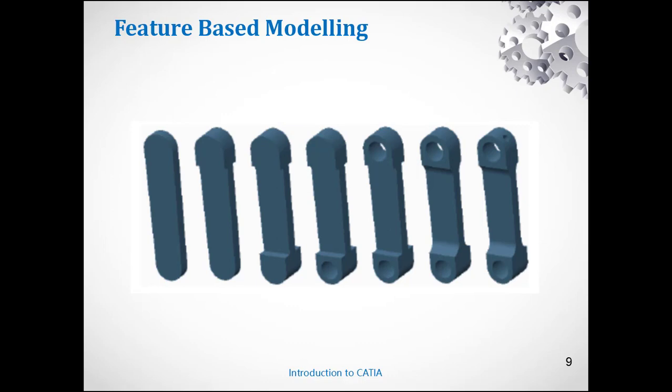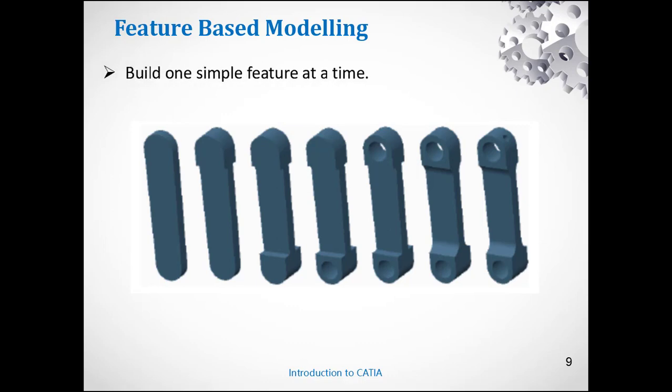You have to divide the modeling of that particular CAD model into some steps, and those steps, in terms of software, are called a feature. So when you create a feature, then another feature, then another feature, and you develop your model, that is your feature based modeling, or we can call it step by step modeling.